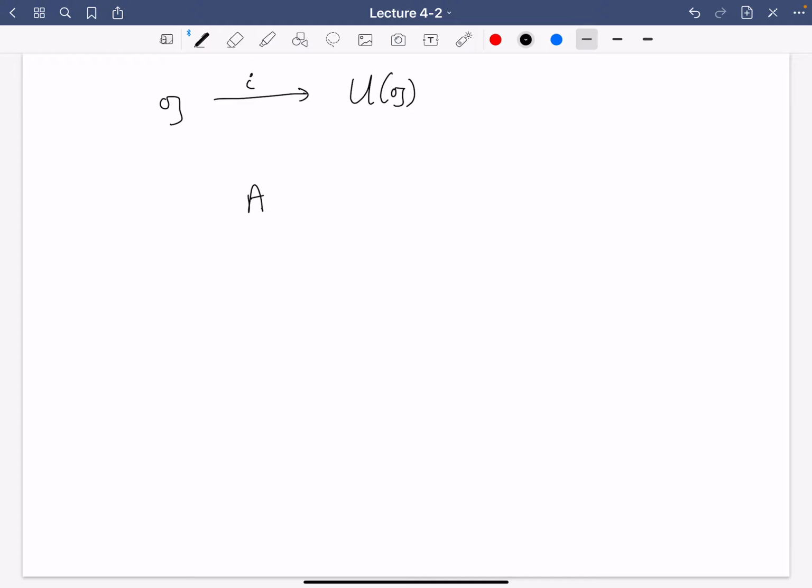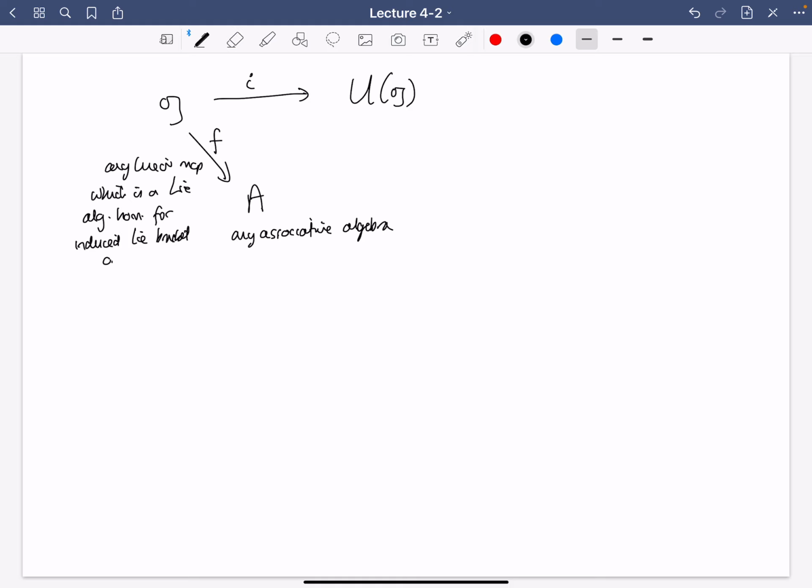If you have A, any associative algebra, and you have F, any linear map, which is a Lie algebra homomorphism for the induced Lie bracket on A, right?